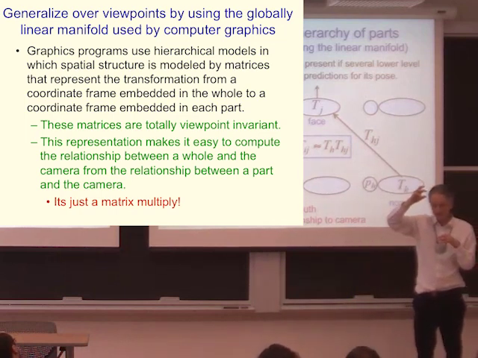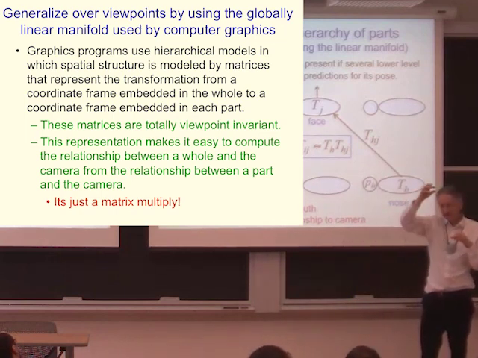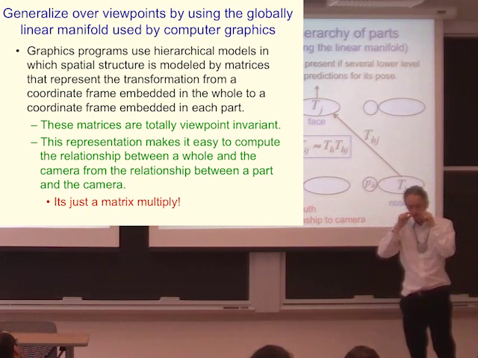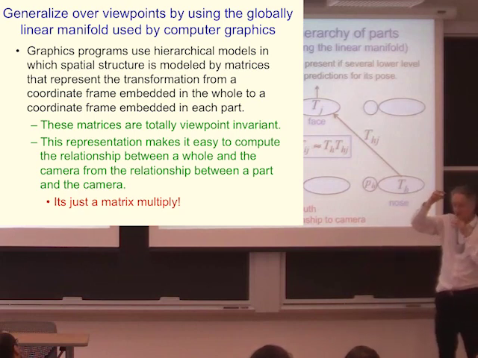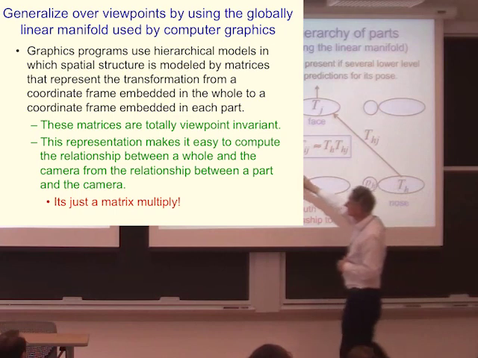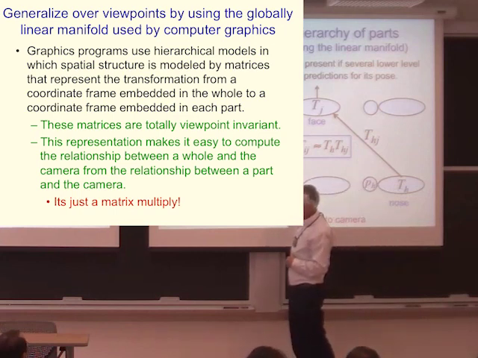I multiply by the same matrix here, because this matrix represents the relationship between a mouth and a face. And that is something that is genuinely viewpoint invariant. How your mouth is related to your face doesn't depend on viewpoint.